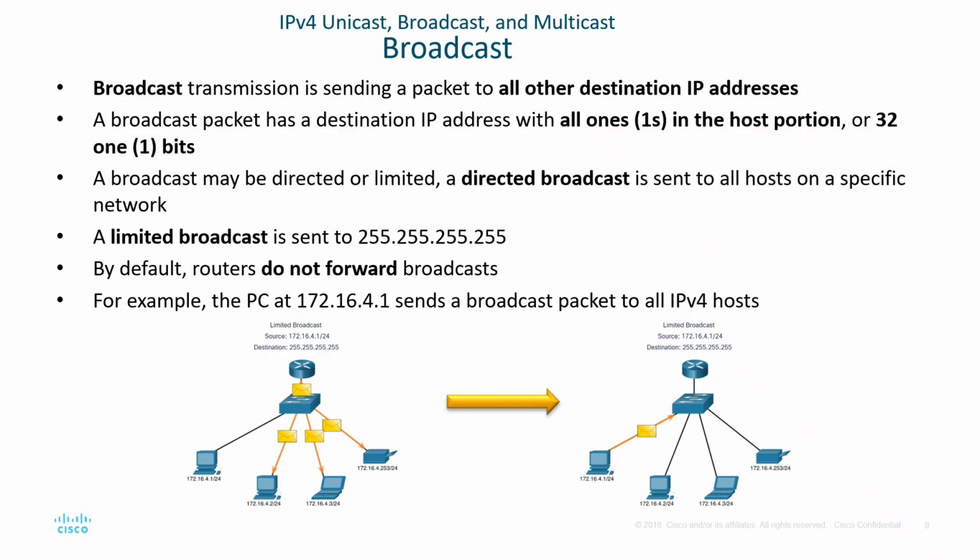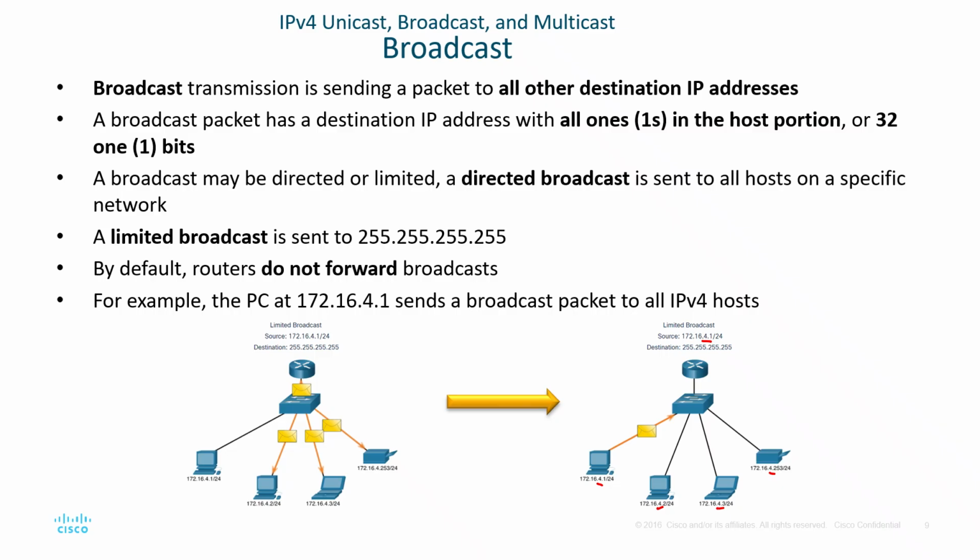So every single one on that network, the 4.0 network, would receive that broadcast. So every single device here, okay? They all are part of the 4 network, so understand that. They're all 4.